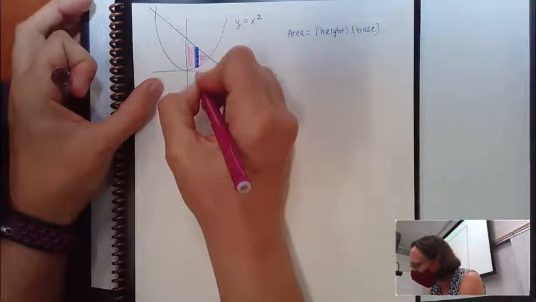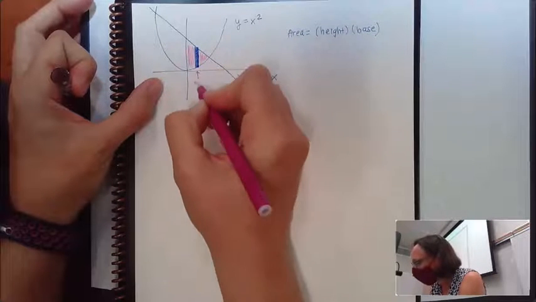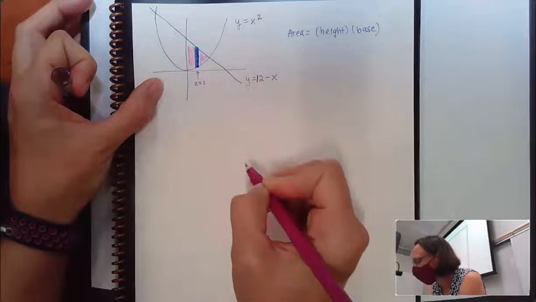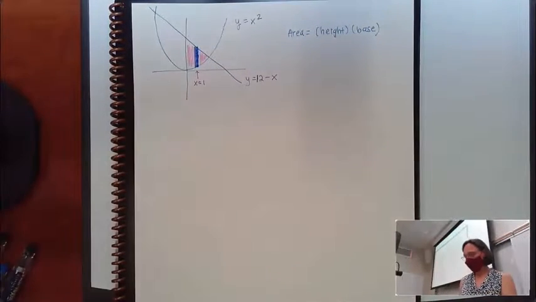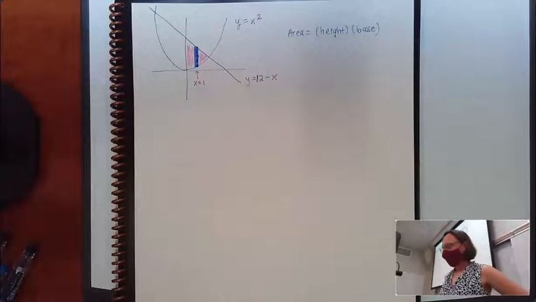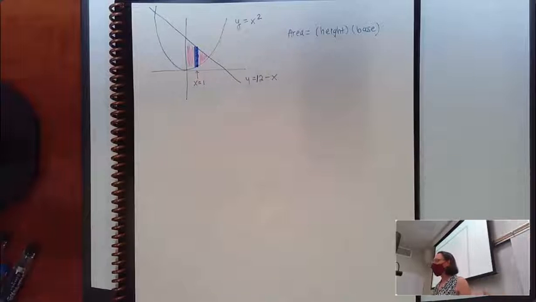So if I told you that right here, my x was equal to 1, I want you to find the height of the rectangle I drew. If my x value right there is equal to 1, how would we go about finding the height of that rectangle?